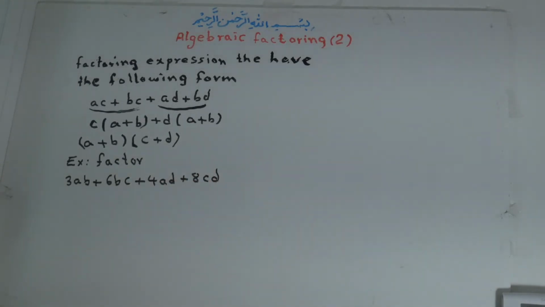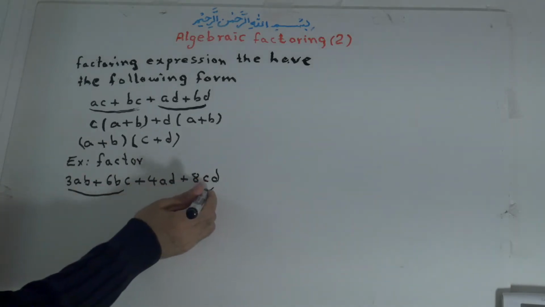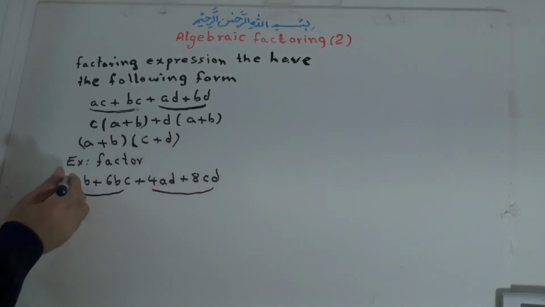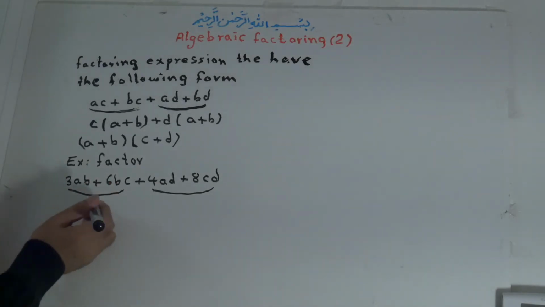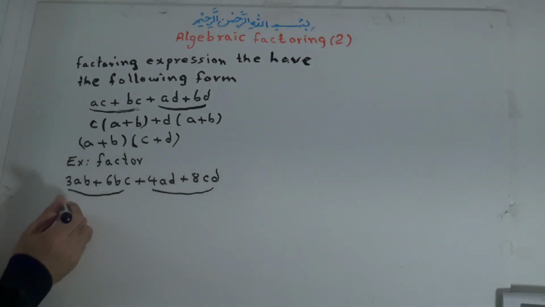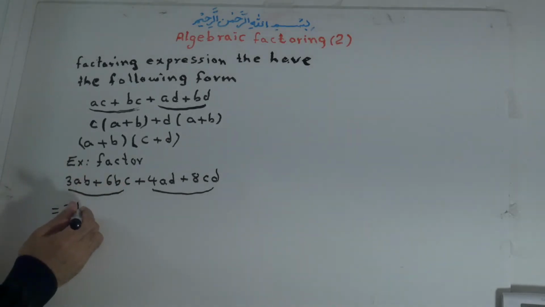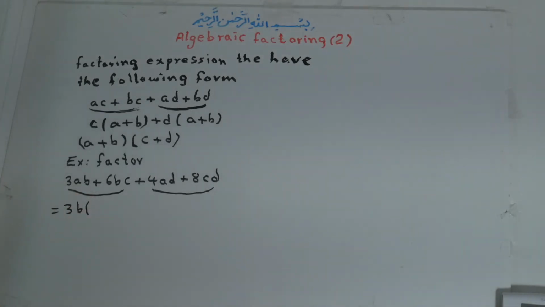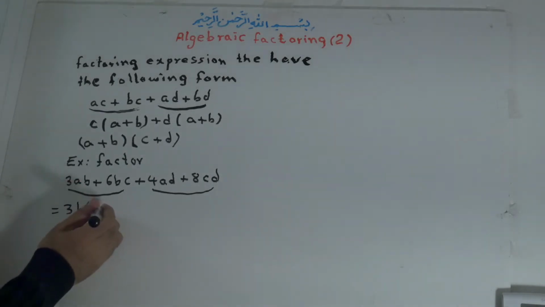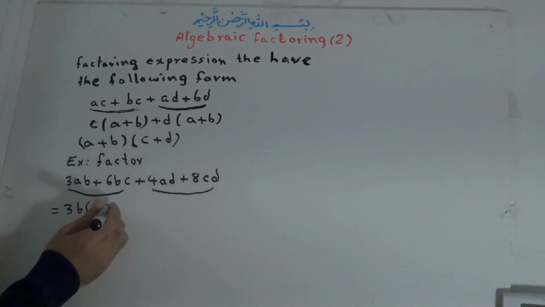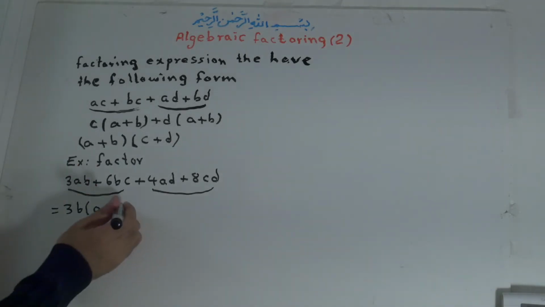Now again we separate two by two. If there is no common factor between the two, we do not do it. Otherwise, we should arrange or organize it. Here, between 6 and 3, the common factor is 3, and here B. Now 3 is outside. Here remaining A plus 6 divided by 3 is 2.